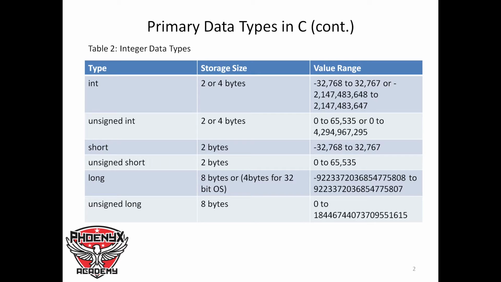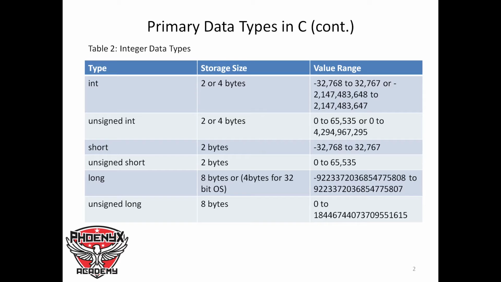We have several types of int. The first one is the unsigned int, which is the strictly positive integer type. Its storage size is also 2 or 4 bytes, and the value range is 0 to 65535, or 0 to 4294967295.